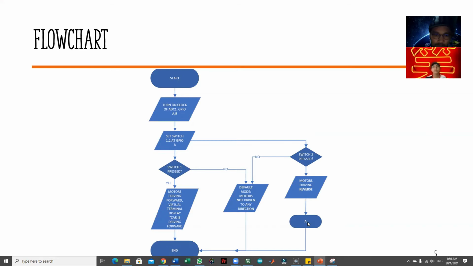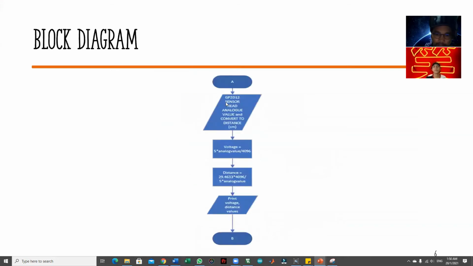This is our function A, and the GP2D12, which is our sensor, will read the analog value and convert it to the distance and also the voltage value. So this is the voltage formula for this sensor, which is 5 times analog value divided by 4096, which equals 12 bit, 2 to the power of 12.